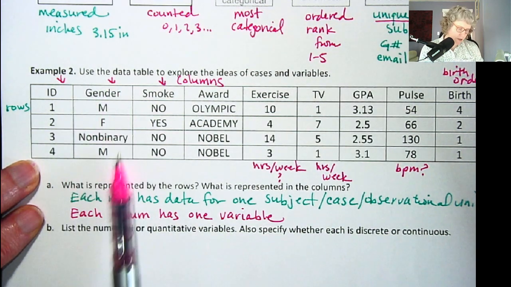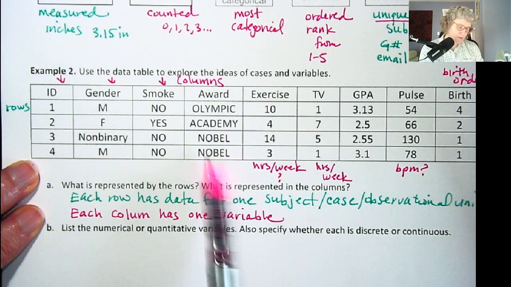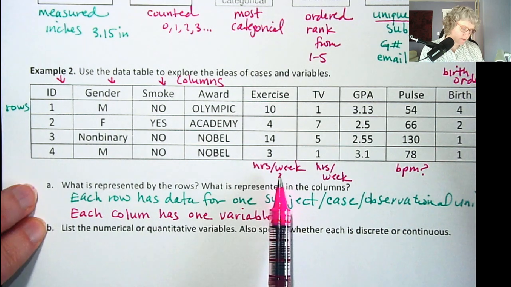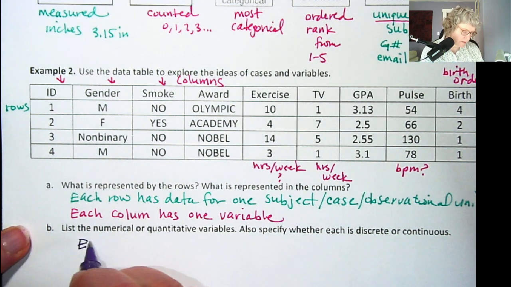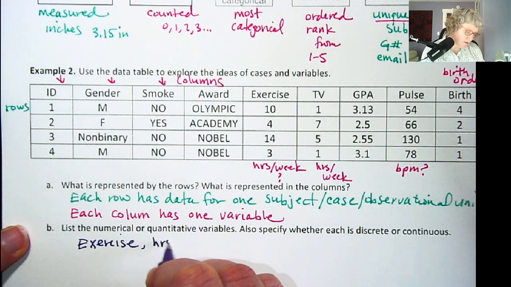Gender, that's not numerical. Smoking, not numerical. I'm going to wait till we get to some numbers. Okay, exercise. That appears to be numerical, right? Especially if it's in hours per week. So numerical, I'm going to say exercise. And even though we don't know for sure, I'm going to assume this is hours per week.